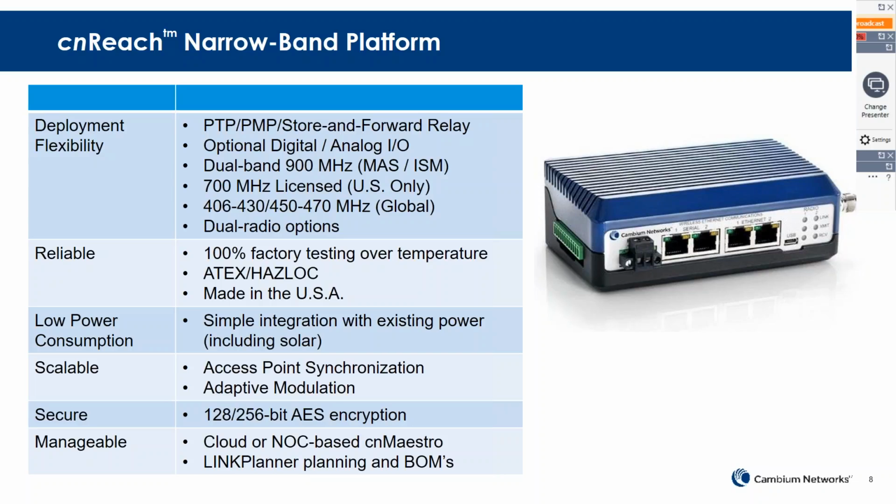And this radio comes with the I/O option. Remember, in the previous slide, I talked about connecting your things to an I/O to IP converter. If you purchase the optional digital analog I/O option, you can connect the things to the green port on the left-hand side, and then the radio will serve as a Modbus TCP slave.